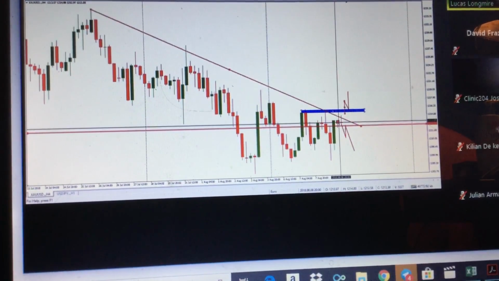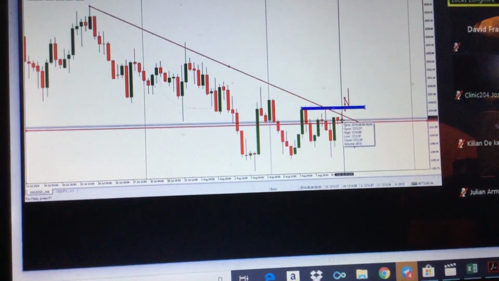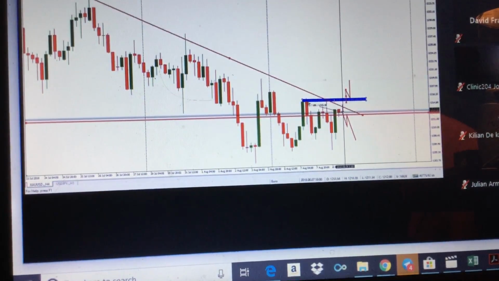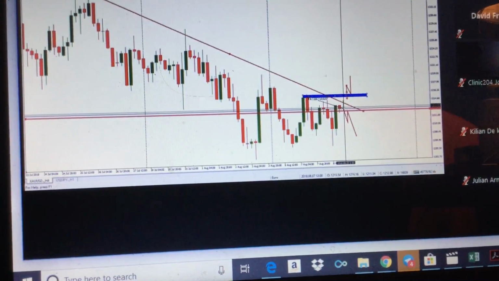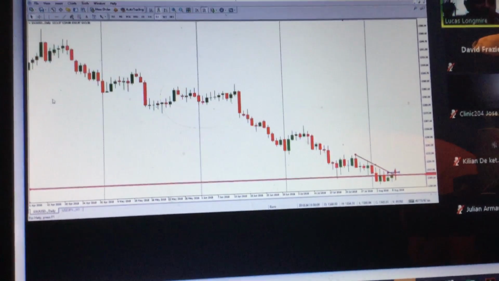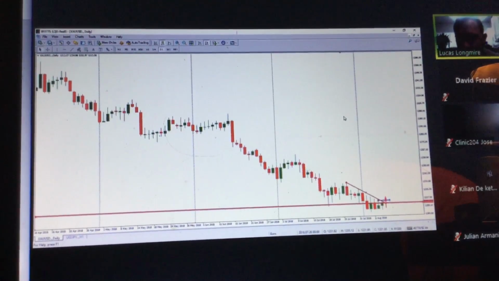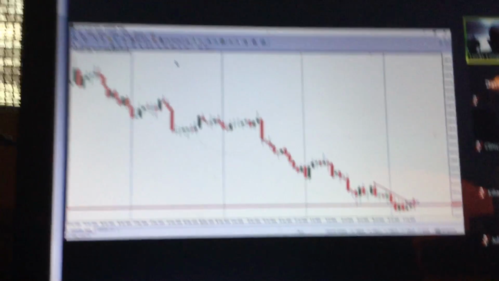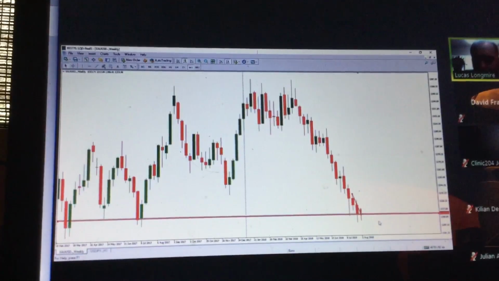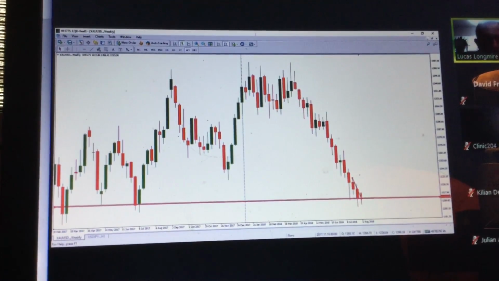Retest, this is going down, doji. So if price is going down at doji, that means it's going to go up. But it might only go up 20 some pips. But if it breaks this down, we're going bullish for a good while. Weekly, because it's just been nasty bearish.